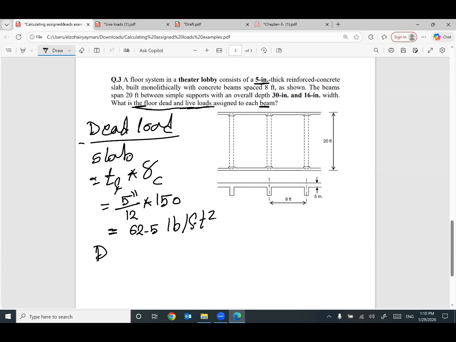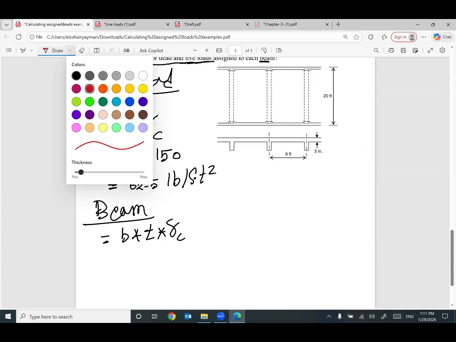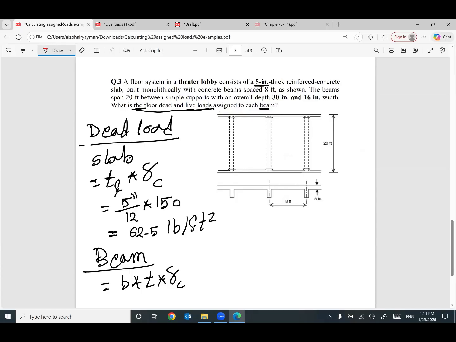What is the dead load of the beam? Which is B times T times gamma concrete. Keep in your mind, it's very clear here. The beam dimensions are given by 16, which is this one, and by 30, which is the total one, because this is your beam.